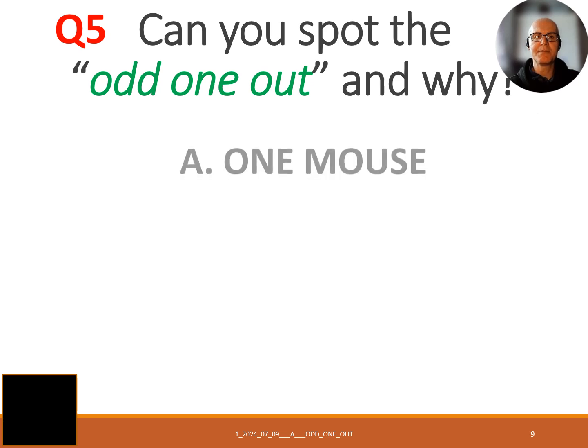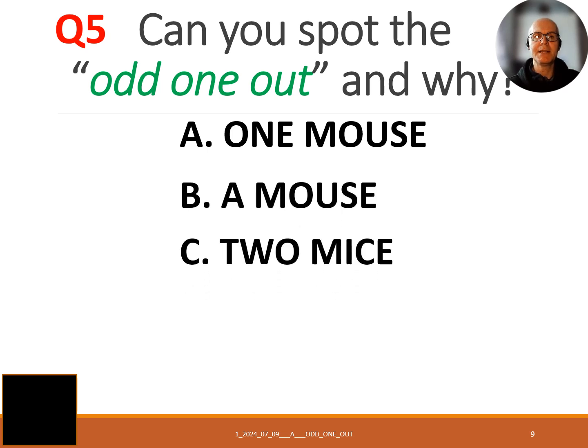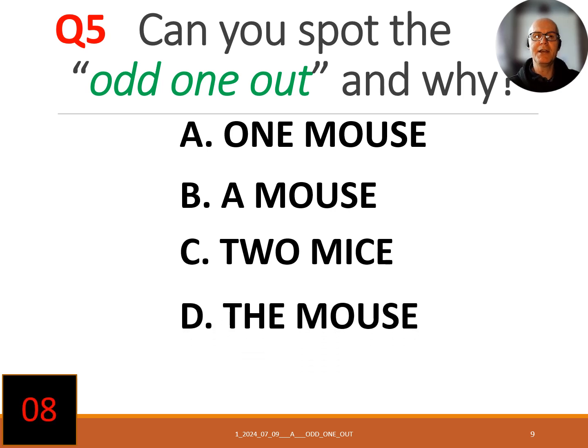Question 5. A. 1 mouse, B. a mouse, C. 2 mice, and D. the mouse. Can you spot the odd one out and why?